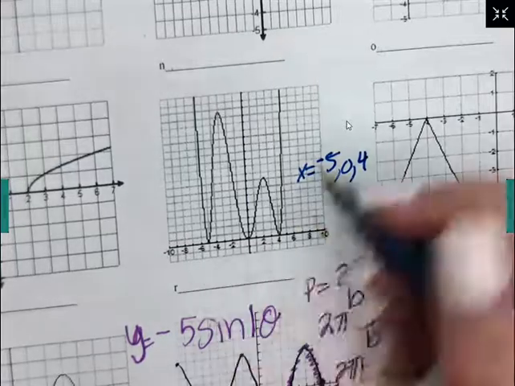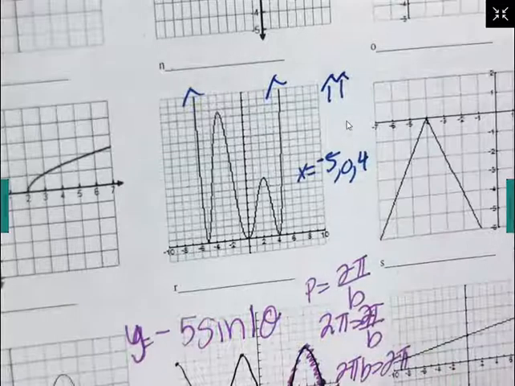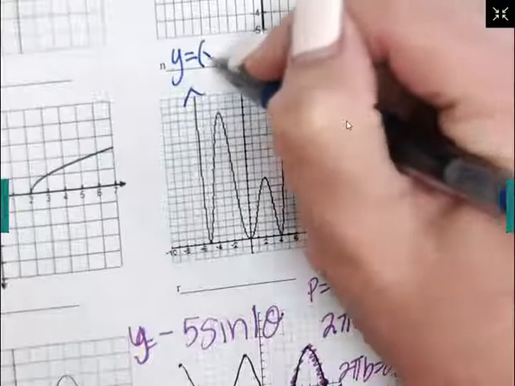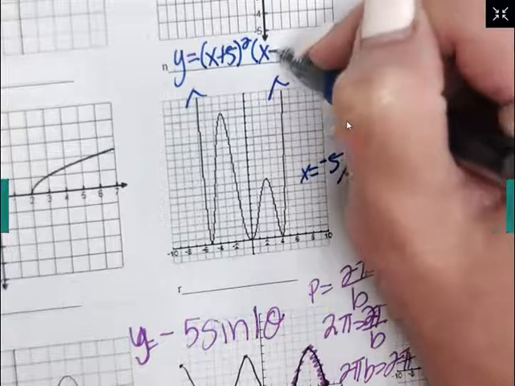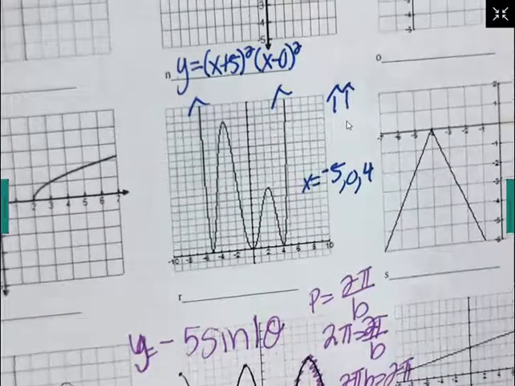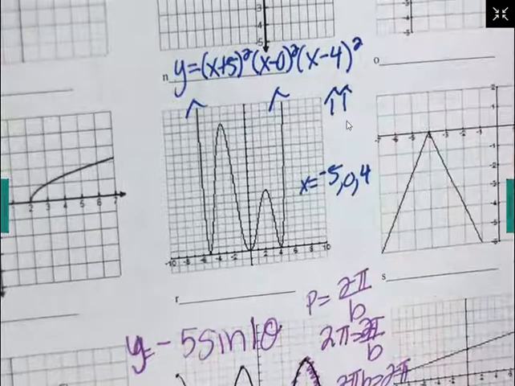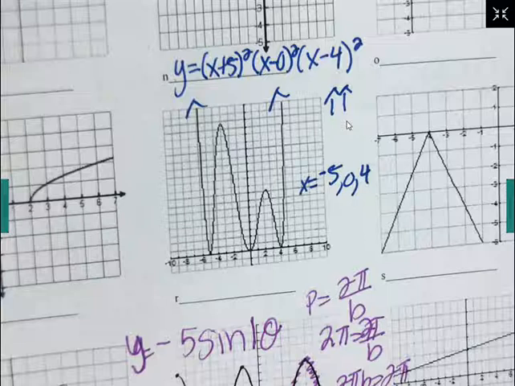Since it goes up, up, remember that up, up is positive and even. So this is y is equal to x plus 5 squared times x minus 0 squared, which is just x squared, times x minus 4 squared. Any questions there? You just have to put the 0? No, because it's not going to change it.